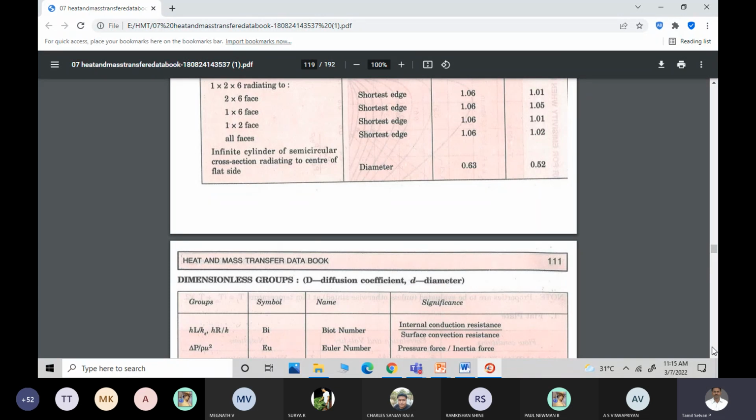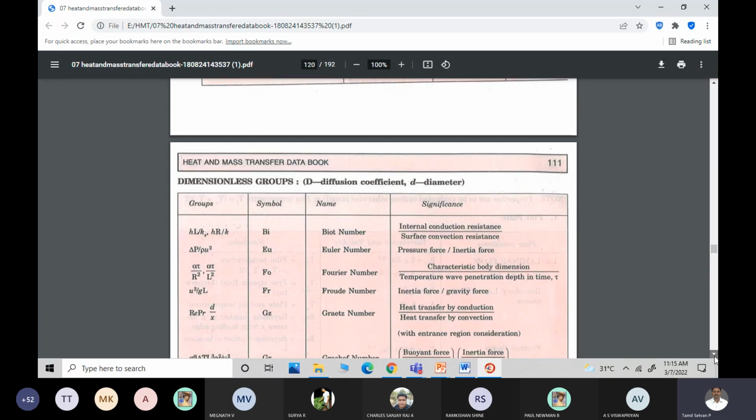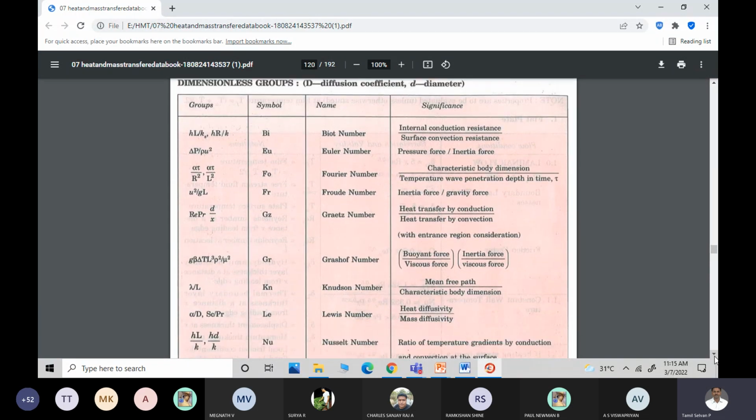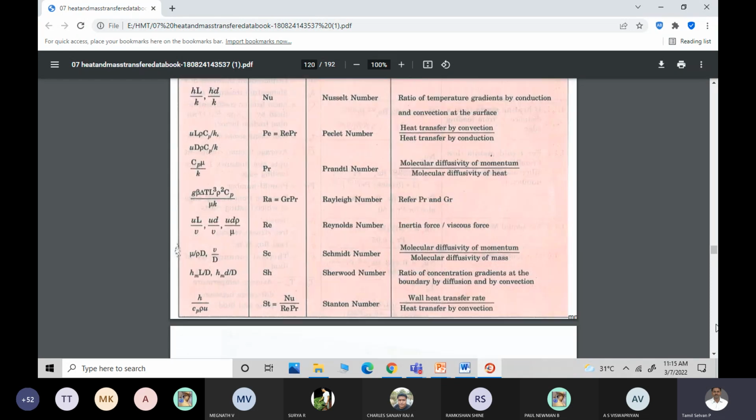But Biot number gives us an idea about internal conduction resistance to surface convection resistance. It is a ratio. Whereas Nusselt number is the ratio of the temperature gradient by conduction to the temperature gradient by convection. That's the difference between Biot number and Nusselt number, which you should know.